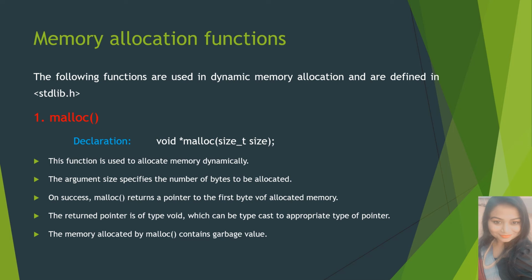On success, the malloc function returns a pointer to the first byte of the allocated memory space. So simply, malloc is a function used for allocating memory space dynamically. Here is the syntax.